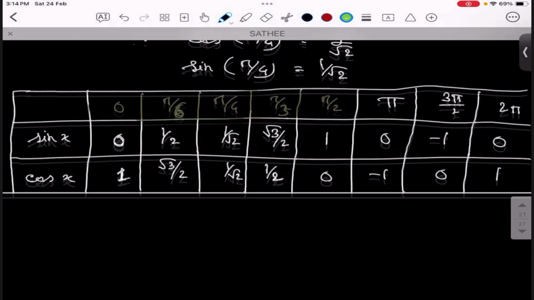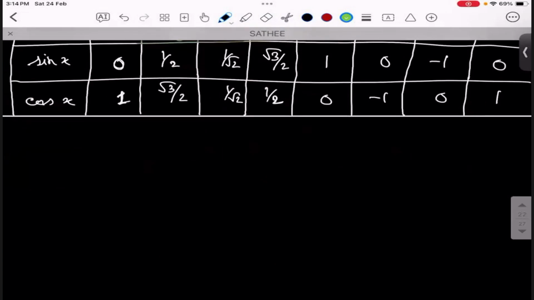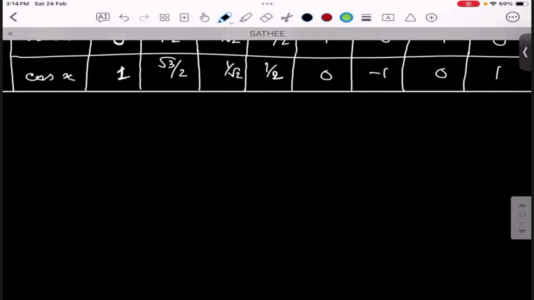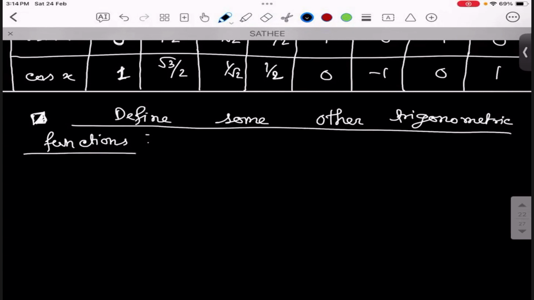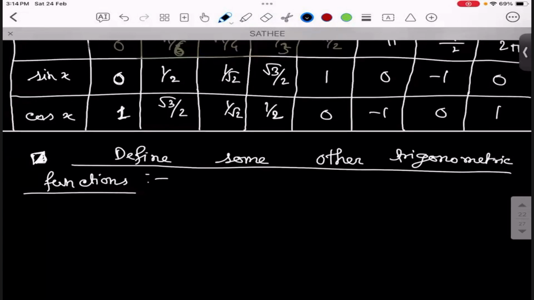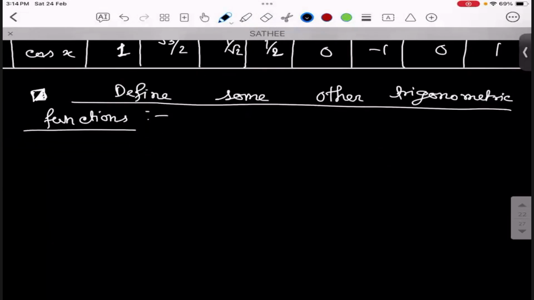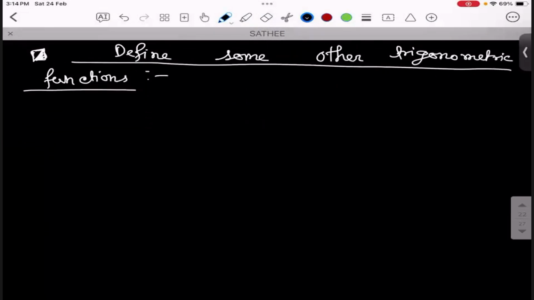Okay. So now we can discuss some more trigonometric functions. Using the sine and cos functions, we can define some more trigonometric functions. For that, first we will introduce the cosec function. What is that? Cosec of x, which is nothing but 1 by sine of x.